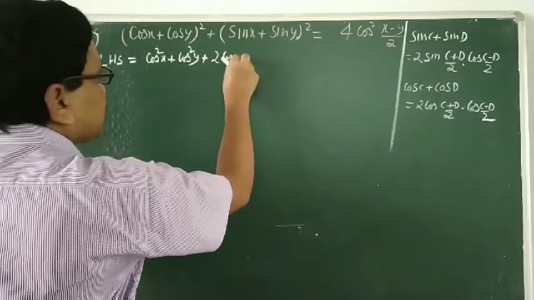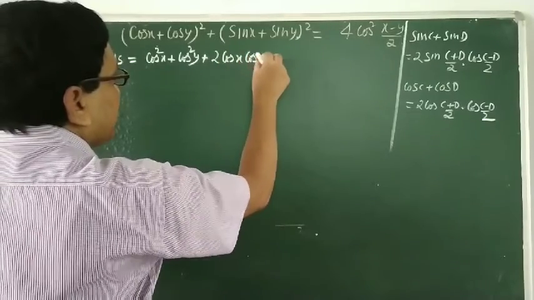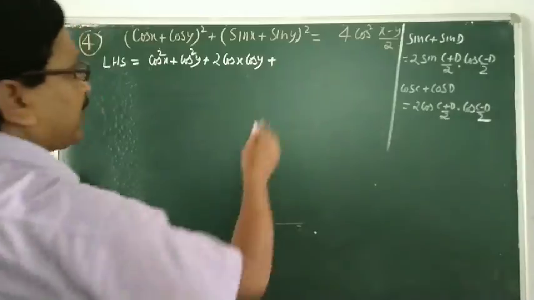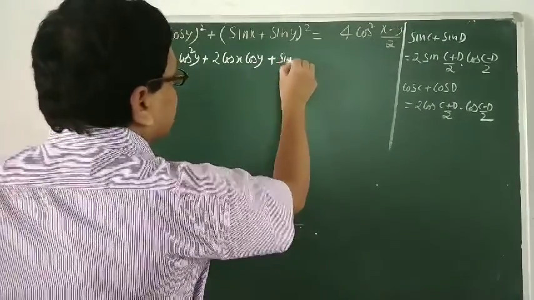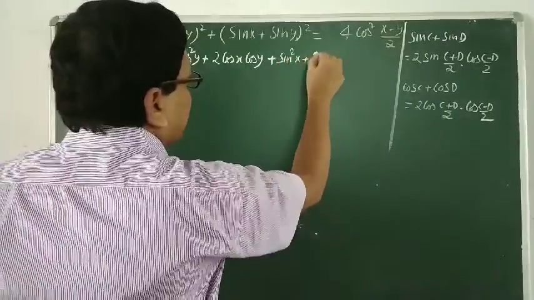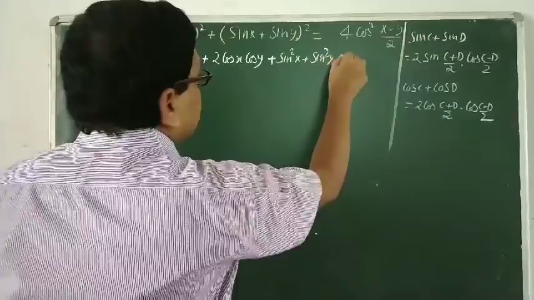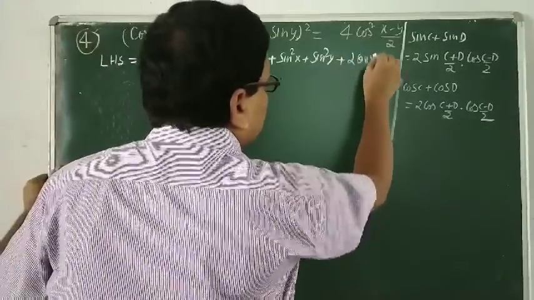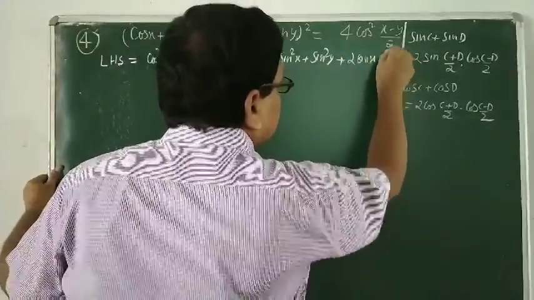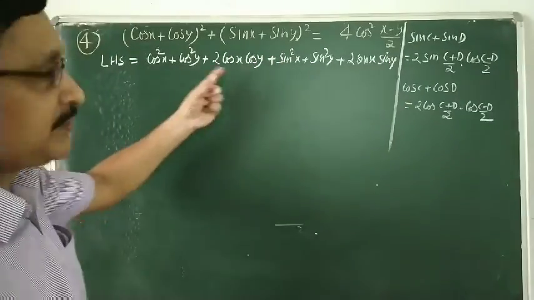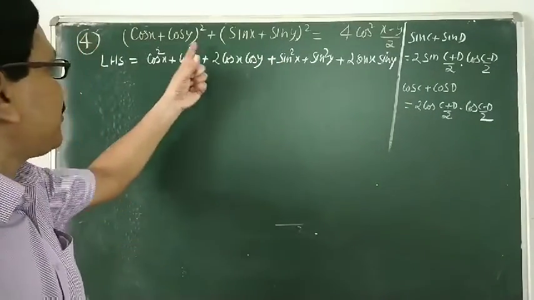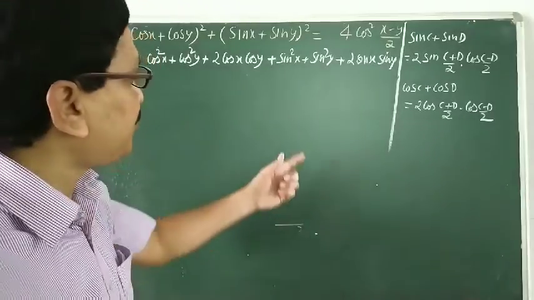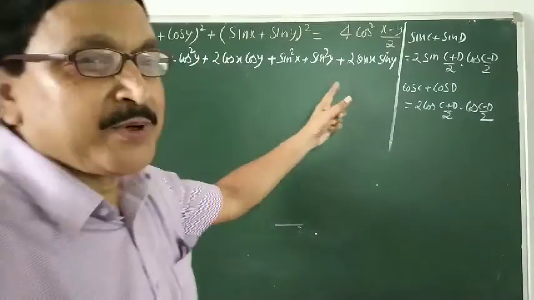Similarly, sin x plus sin y whole square is sin square x plus sin square y plus 2 sin x sin y. So students, this is the general a plus b whole square, known to all the students. So why not answer the question with the help of this.